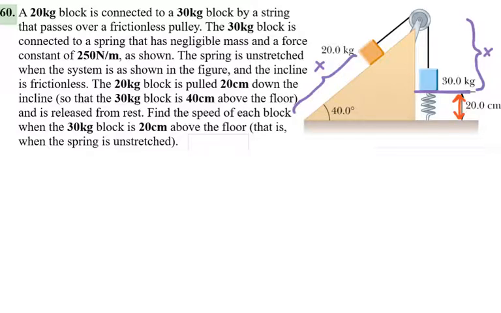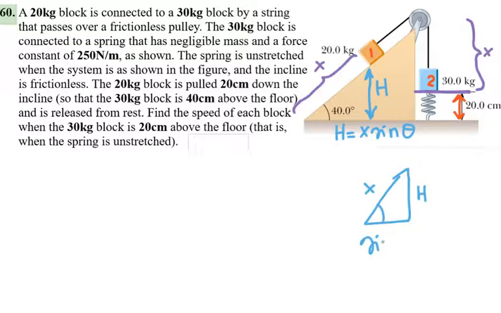Let's call this one 1 and this one 2. When the block is back to the original position, I'm going to call this one H, and H is equal to X sine theta. If you look at this triangle, this is H, this is X, this is theta, so sine theta is H over X, and H is equal to X sine theta.